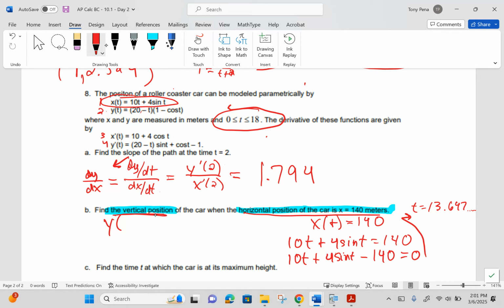Because now you're going to take that and plug that in to the vertical position equation, which is ultimately then the answer. Okay? All right, and when you do that, what do we get? Should get 3.363. Okay?